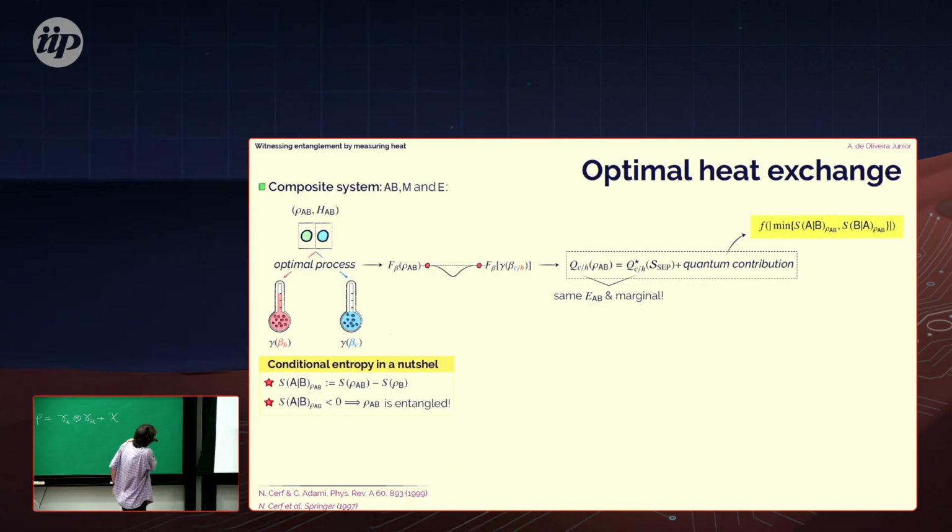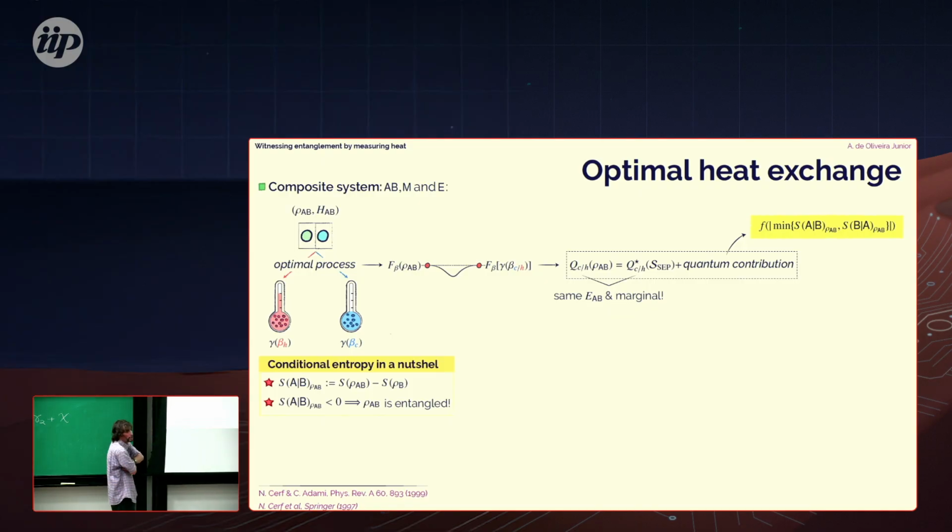For example, if we look at a bipartite system, the first contribution is given by a separable state with the same average energy as your system and the same marginal. So if you have a bipartite state and look at one marginal, this separable state has the same marginal, plus some quantum contribution. This quantum contribution is proportional to the conditional entropy, which is defined here.